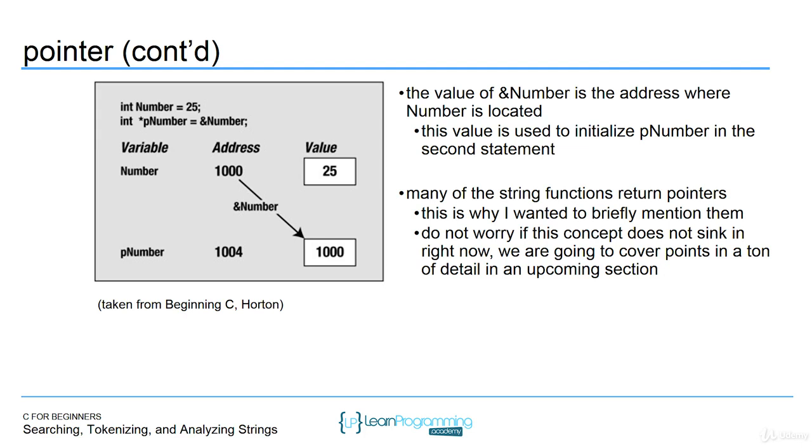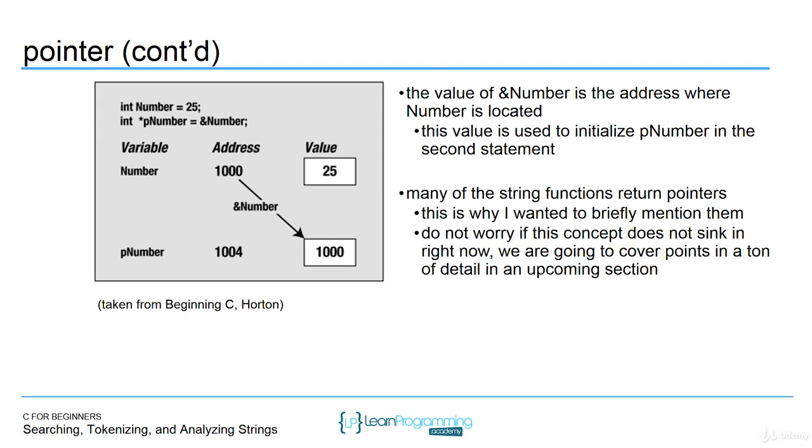So int star pNumber is going to be equal to the address of number. Number is in memory at an address of 1000, for example, and it has a value of 25. pNumber has an address of 105 for that actual pNumber, but the value stored there is the address 1000. In order to get the value of pNumber, you would have to dereference the 1000, which will give you 25.